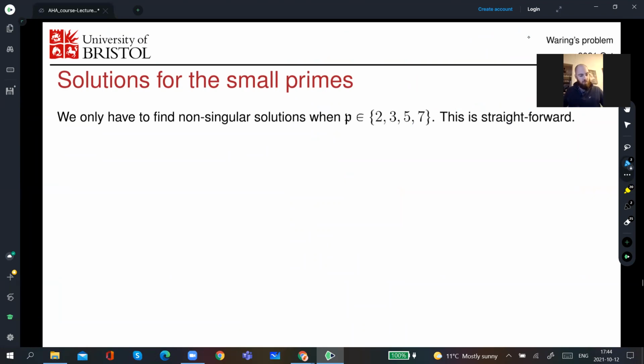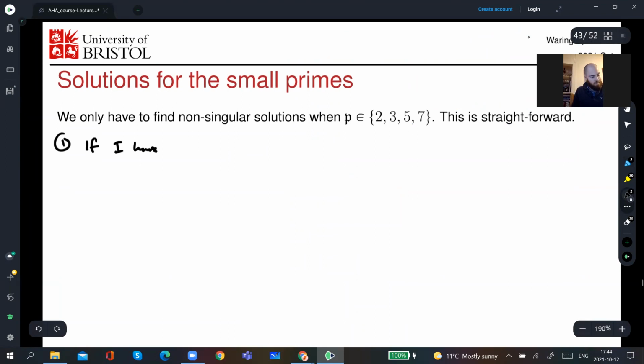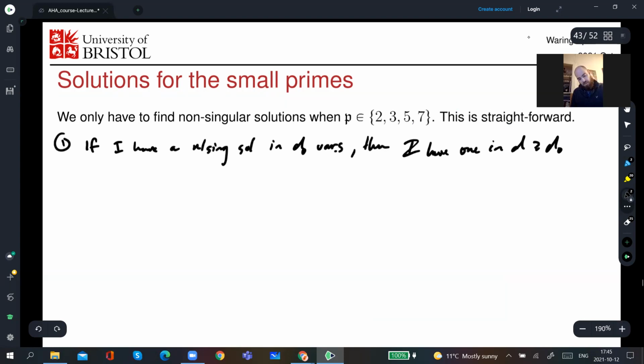But this is actually pretty straightforward, right? Let's see, the first step to doing this: if I have a non-singular solution in d naught variables, then I have one in d variables for any d greater than or equal to d naught by just padding with zeros.